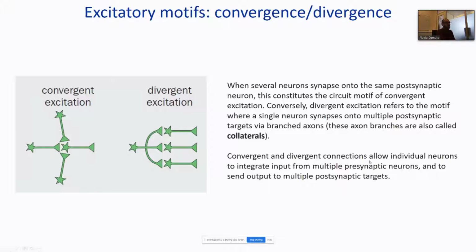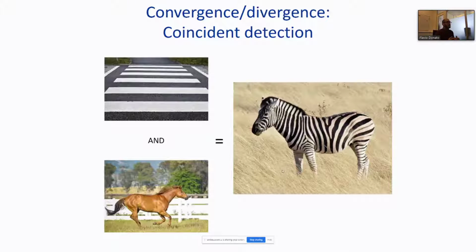Convergent and divergent connections allow individual neurons to integrate input from multiple presynaptic inputs or to broadcast one piece of information to multiple neurons. And one concrete example of that is coincidence detection. We said yesterday that the activation of one synapse is not sufficient to drive the activity of a postsynaptic neuron.